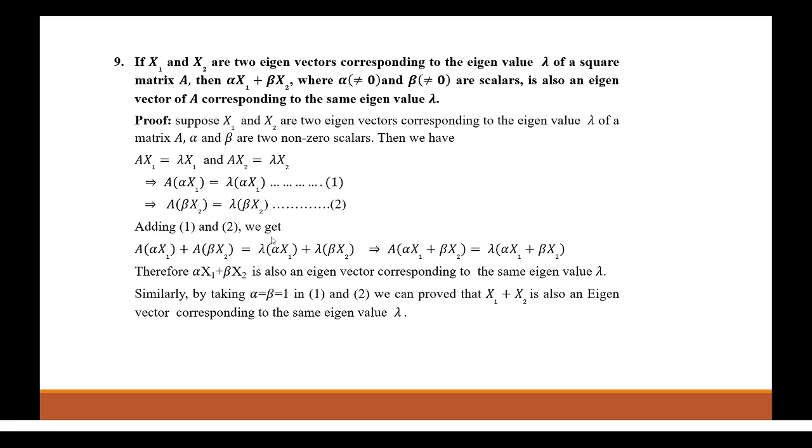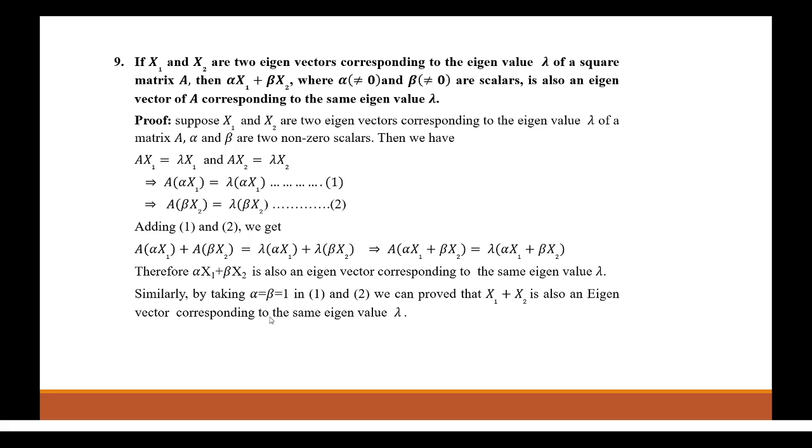Adding these two equations, on the LHS we can add, and on the RHS we can add, and taking A as common, it will become A of alpha x1 plus beta x2 is equal to, on the RHS also taking lambda as a common term, lambda of alpha x1 plus beta x2. Therefore, alpha x1 plus beta x2 is an eigenvector corresponding to the same eigenvalue lambda.